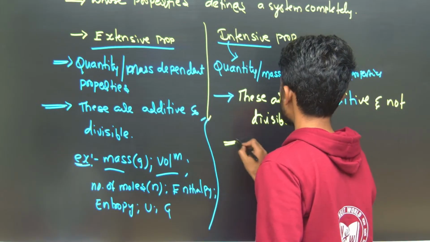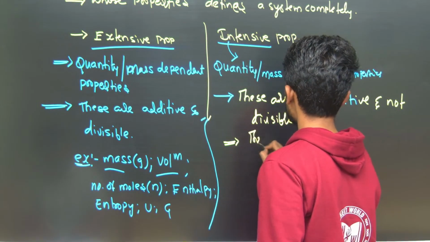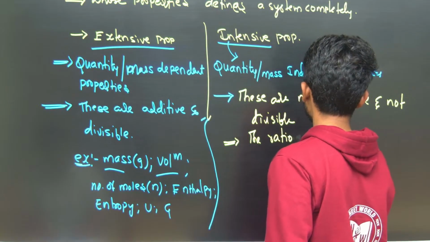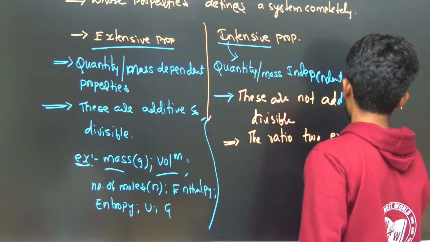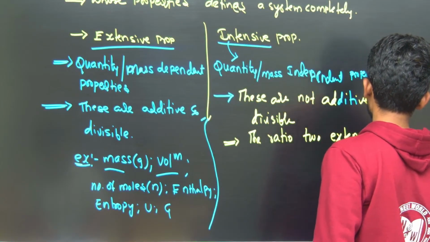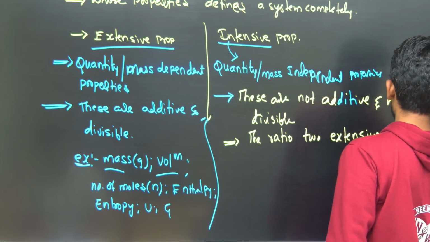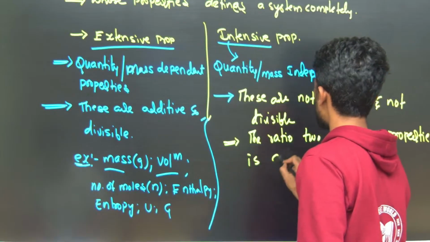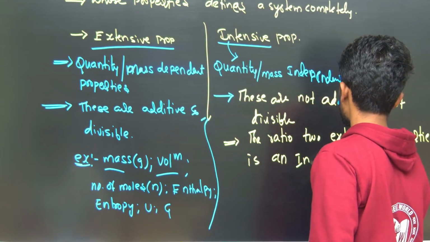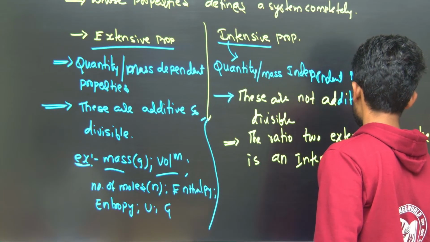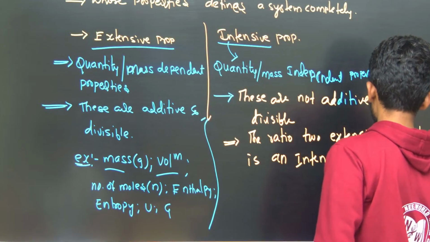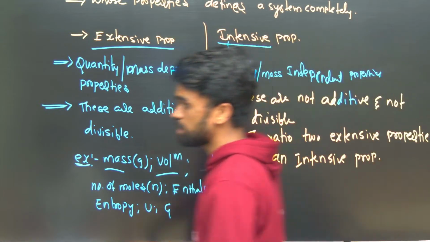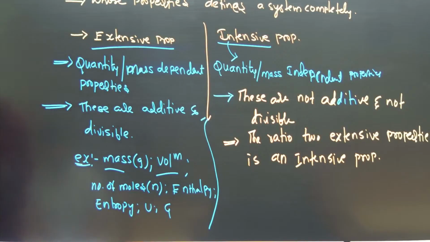And next one is the ratio of two extensive properties is an intensive property. Okay, write these things. The ratio of two extensive properties is an intensive property.